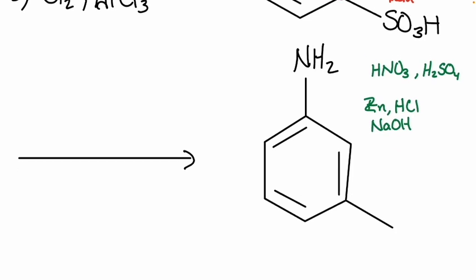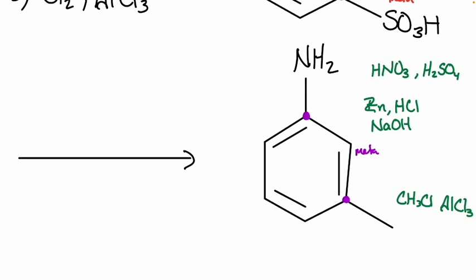For my methyl group, I do have a way to do it, right? I can use that Friedel-Crafts reaction, methyl chloride with aluminum chloride. All right, we know how to stick alkyl groups on the ring. If I look at my product here, these two groups are again sitting meta to one another.